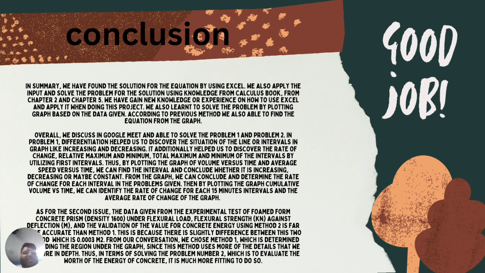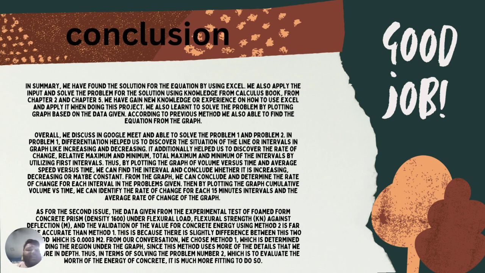From the graph, we can determine the rate of change for each interval. Then, by plotting the graph of cumulative volume versus time, we can identify the rate of change for each 15-minute interval and the average rate of change of the graph.